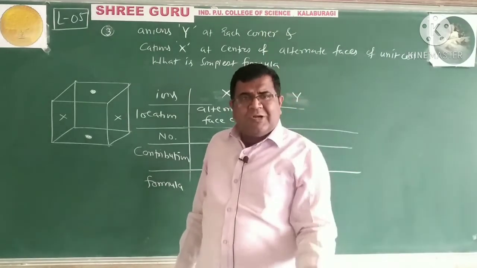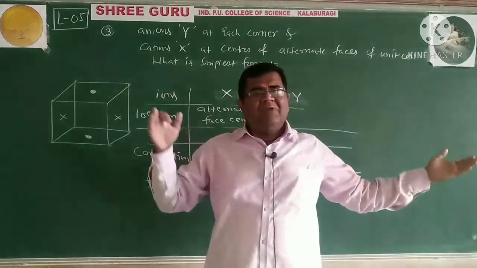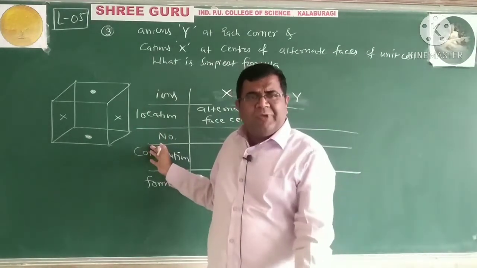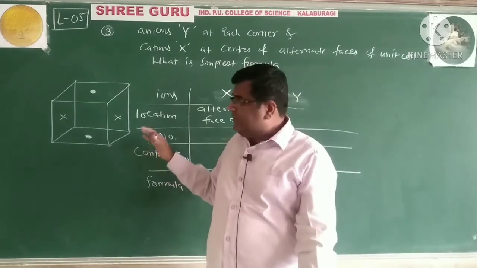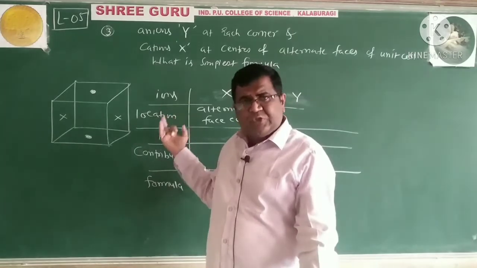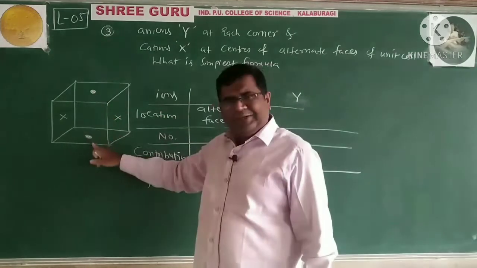But bottom is not an alternate face, because we have left these 1, 2, 3 and 4 faces vacant. So we can keep it at bottom. And once we put at bottom, the rear is the next one to bottom. That's why it also should be vacant, isn't it? So it should be present only at top and bottom.